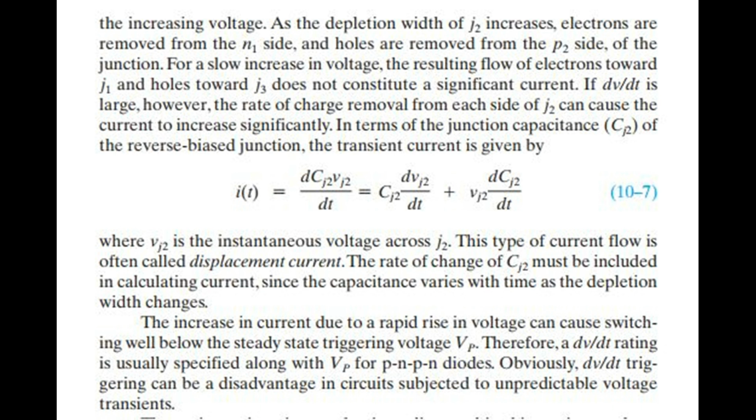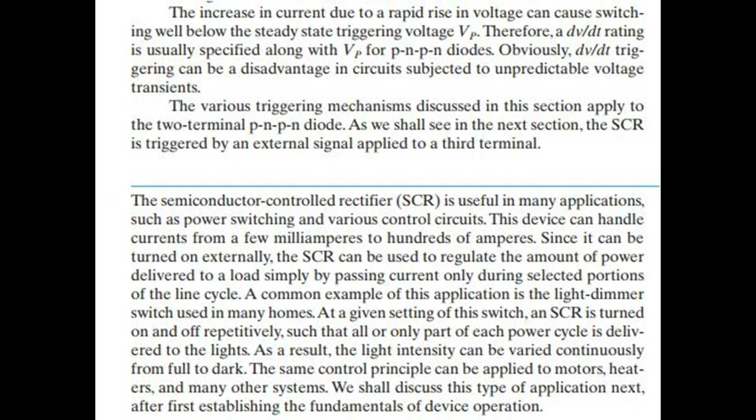The increase in current due to a rapid rise in voltage can cause switching well below the steady-state triggering voltage Vp. Therefore, a dV/dt rating is usually specified along with Vp for PNPN diodes. Obviously, dV/dt triggering can be a disadvantage in circuits subjected to unpredictable voltage transients.